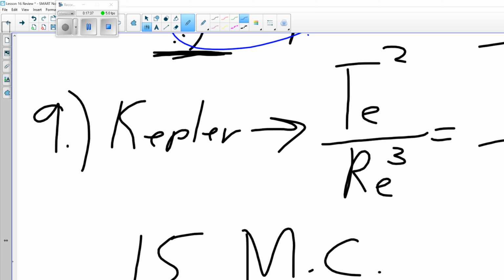Okay, so on the front page of your test will be useful constants like the acceleration due to gravity on Earth, the universal gravitational constant, the average Earth-Moon distance, the average Earth-Sun distance, the average radius of the Earth, the mass of the Earth, the mass of the Moon, and the mass of the Sun. Those are all going to be on the front page because they're also on your formula sheet.